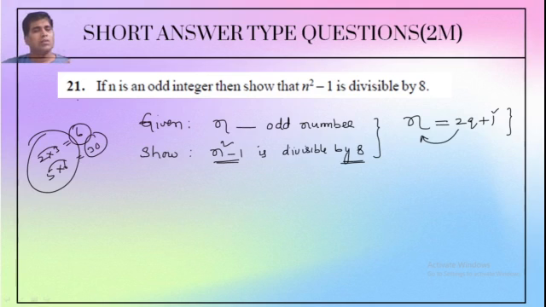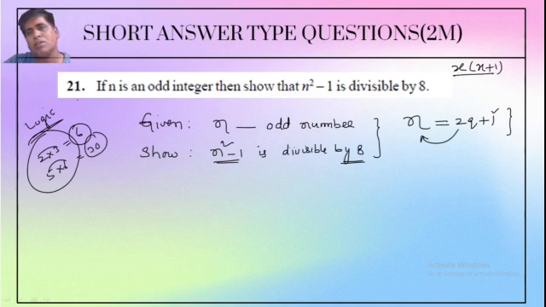So this is the logic we are applying. The logic is: the product of two consecutive numbers is always divisible by 2. How do we write two consecutive numbers? If one number is x, the other number is x plus 1.